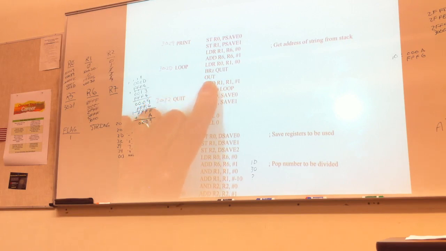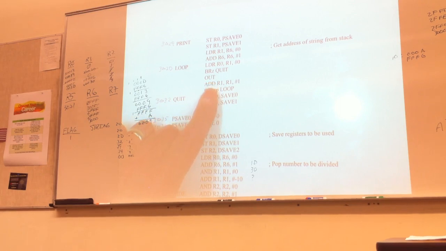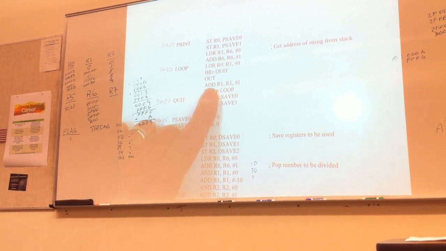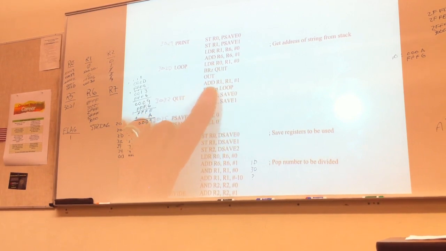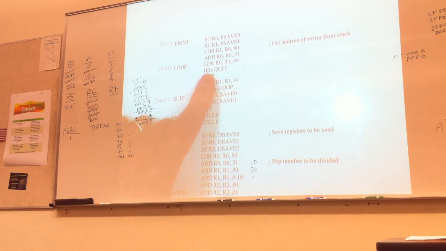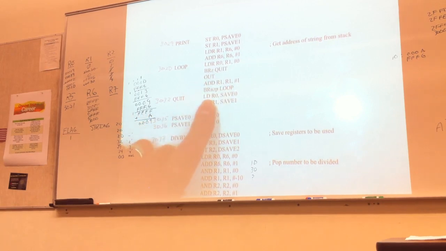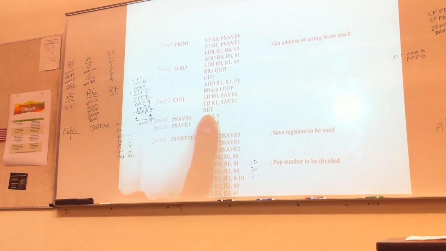Otherwise, I use the out routine to print that character that's in register 0. Bing, there's that first character, a space. I add 1 to register 1 so that now I'm looking at the next character in the string, load it into register 0, print it if it's not a null character, and so on. Once you get that null character up there, you jump down to quit, where you restore the registers and return.